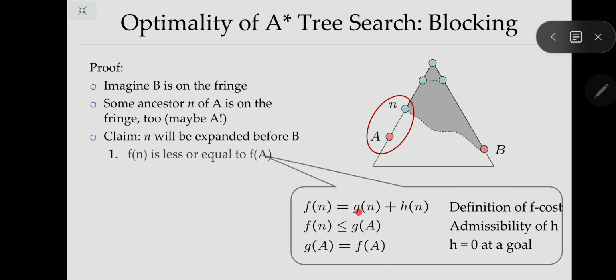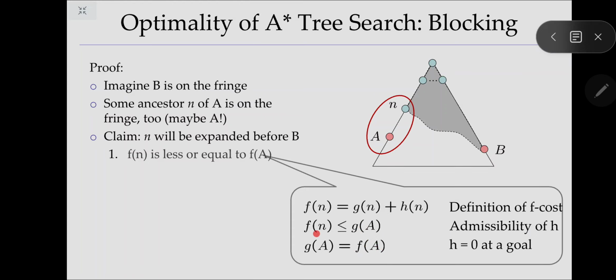That means Fn is the summation of Gn and Hn, and Fn is less than Ga, so you can substitute Ga with Fa.